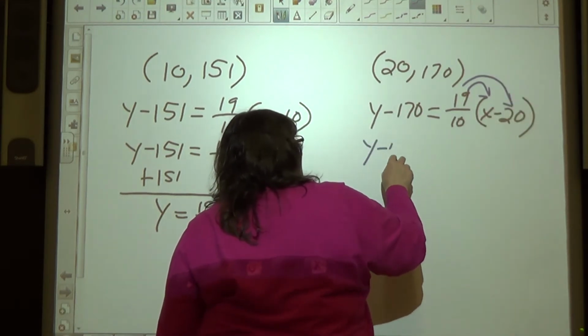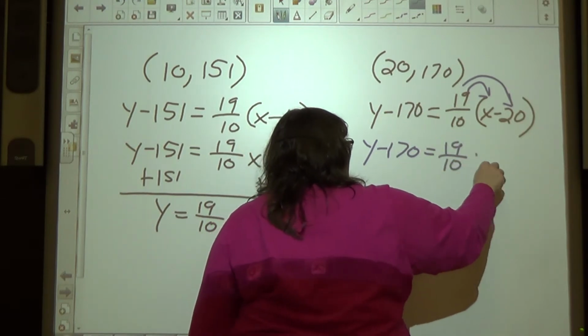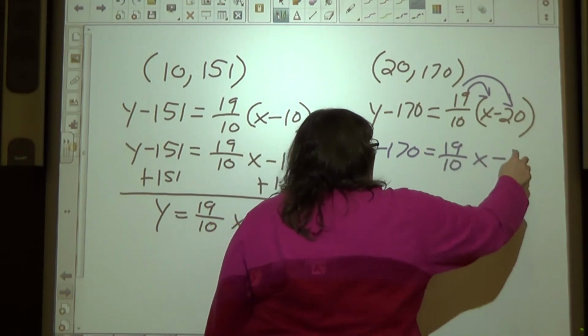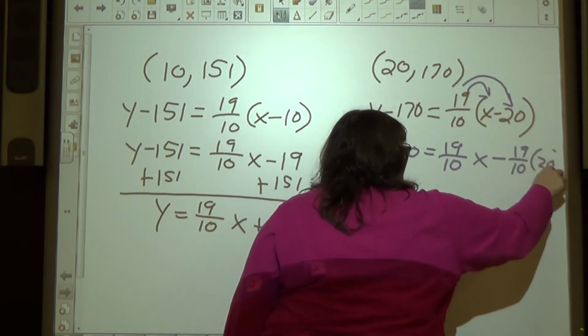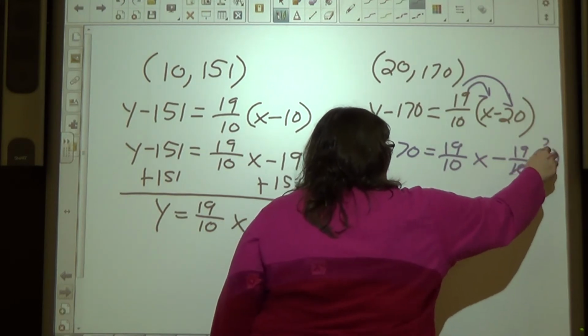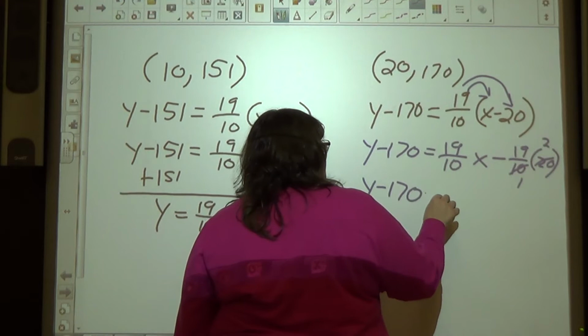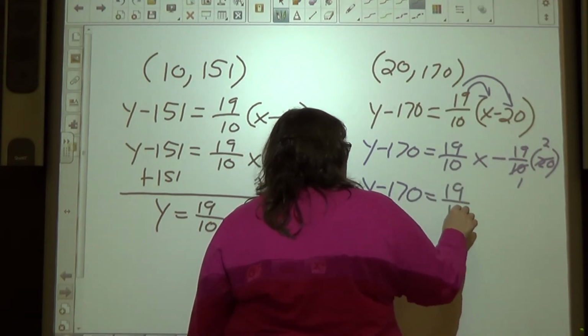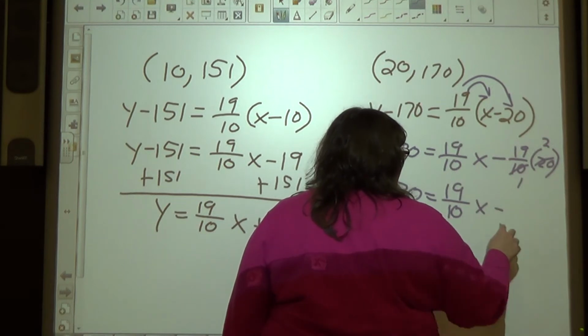So y minus 170 equals 19 over 10x minus 19 over 10 times 20. Okay? 10 goes into 10 once, 10 goes into 20 twice. So we are looking at y minus 170 equals 19 over 10x minus 38.